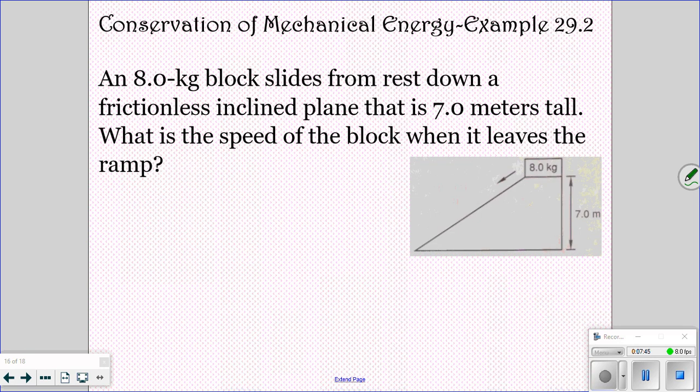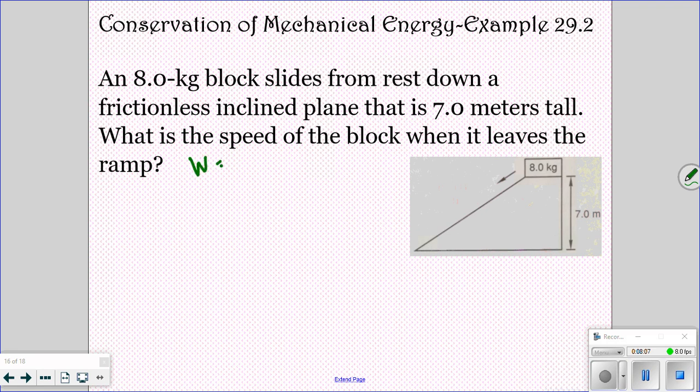So let's look at this example. An 8-kilogram block slides from rest down a frictionless inclined plane that is 7 meters tall. What is the speed of the block when it leaves the ramp? So we need to figure out what the weight of our block is. They tell us the mass is 8.